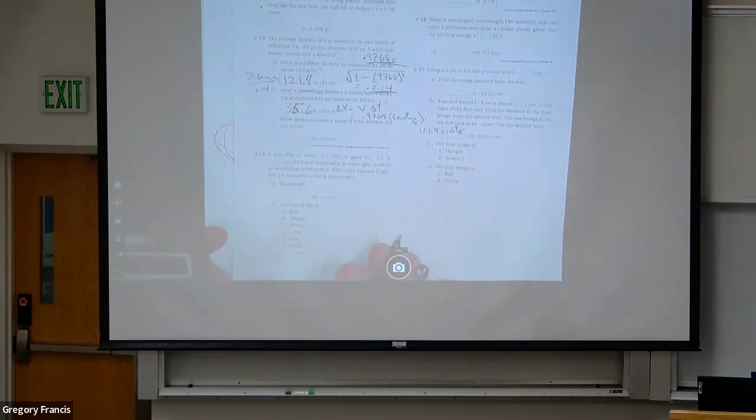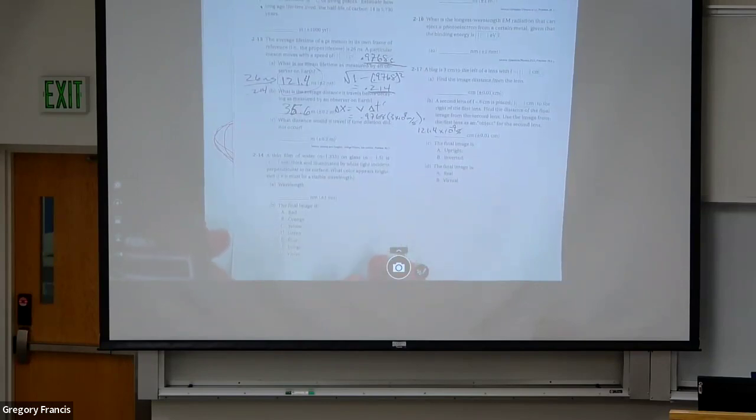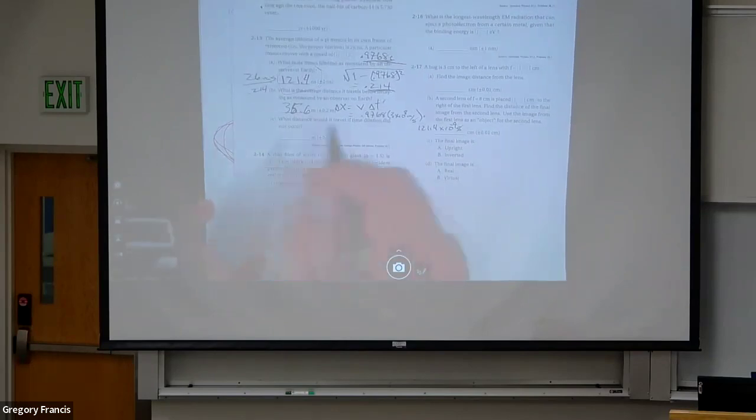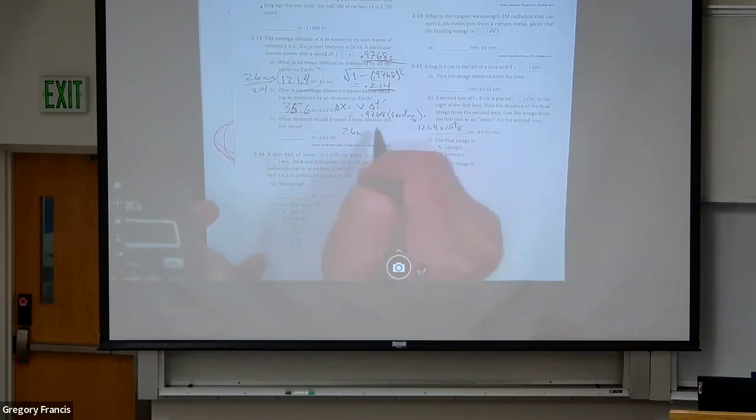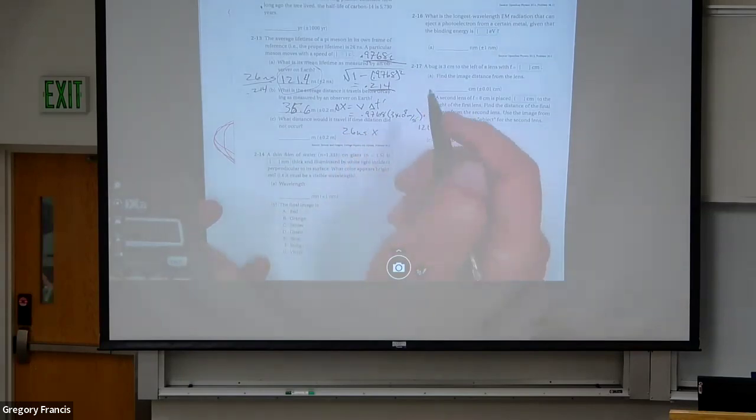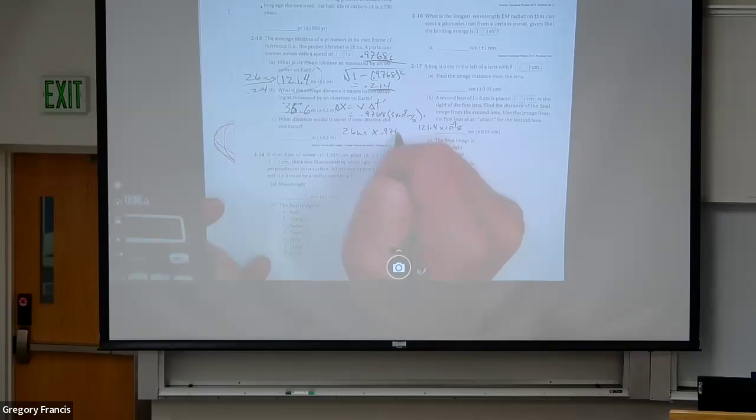Okay. And what distance would it travel if time dilation did not occur? Well, now I've got to take the 26 nanoseconds times 0.9768 times 3 times 10 to the 8th meters per second.